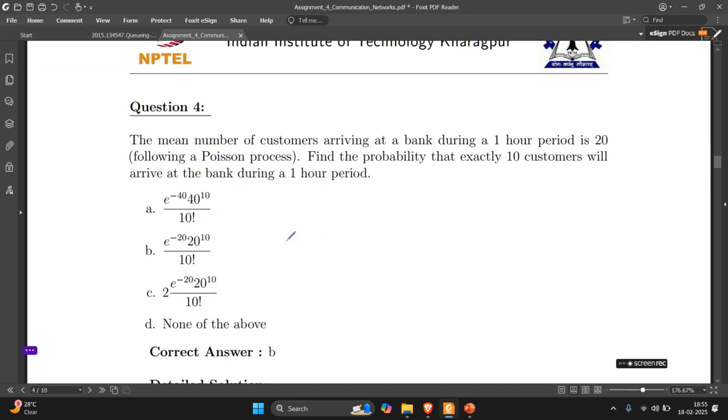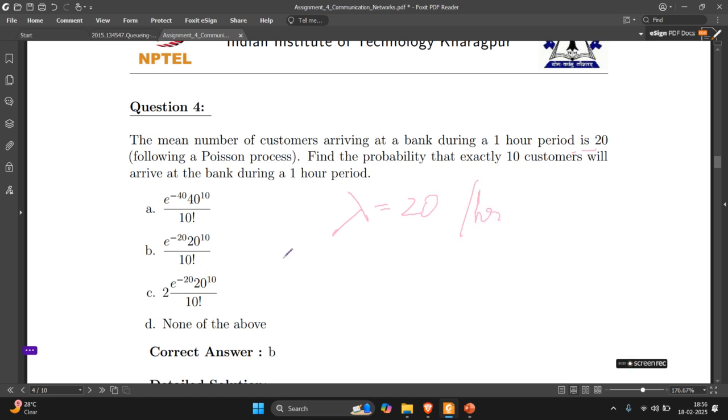Next, the average number of customers arriving at a bank during a 1 hour period is 20. Find the probability that 10 customers will arrive during a 1 hour period. So here the average arrival rate of customers is 20 per hour. Lambda is equal to 20 per hour.